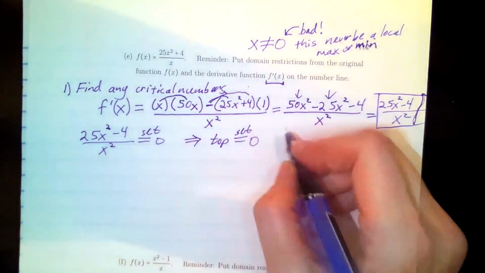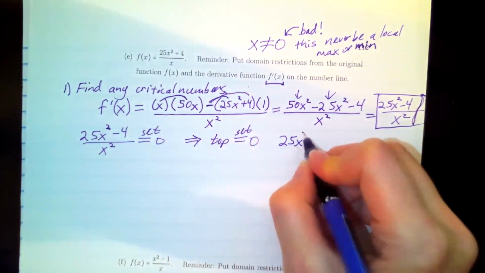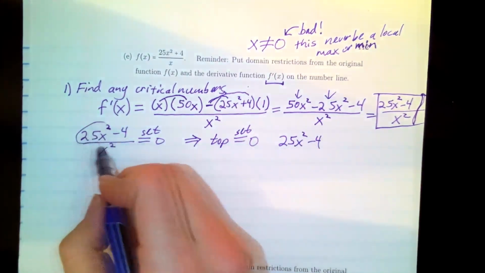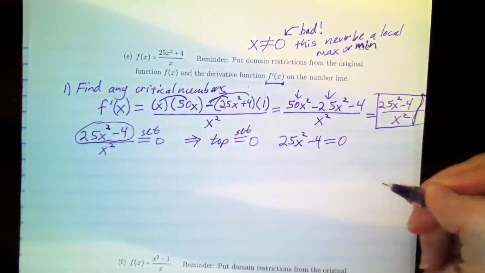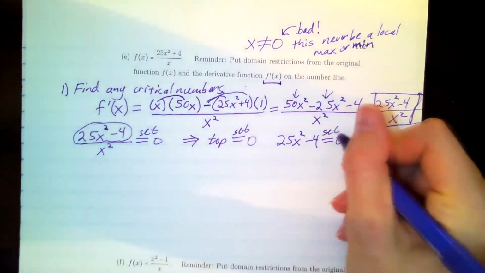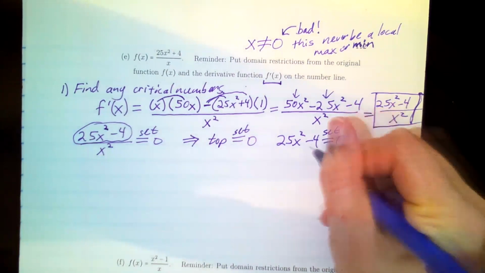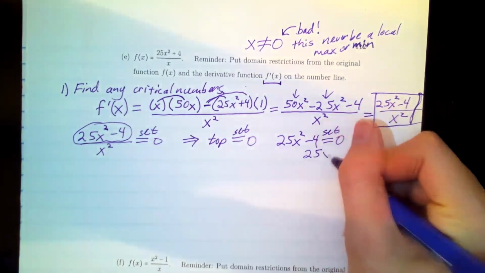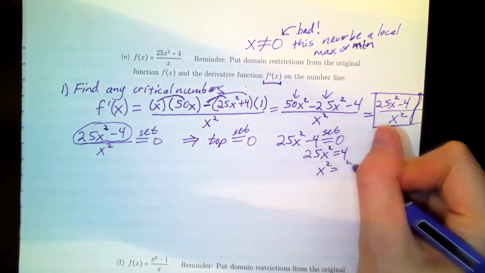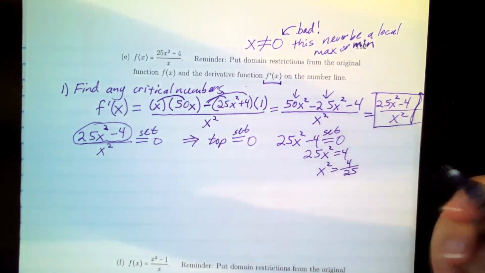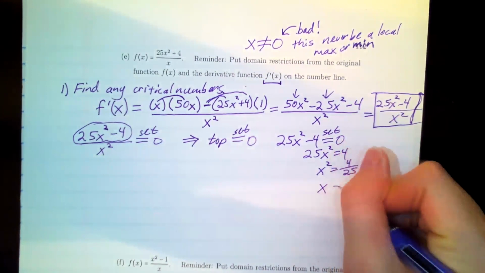That gives you 25x squared minus 4, this part, set equal to 0. And then this is a bit easier to solve. If you add the 4 to the other side, divide both sides by 25, and square root both sides, making sure to do plus or minus.